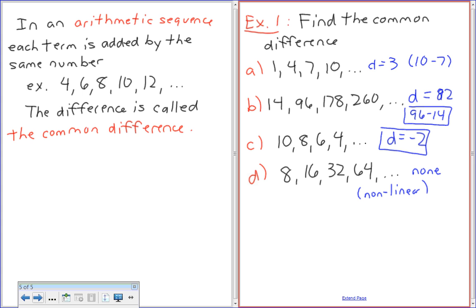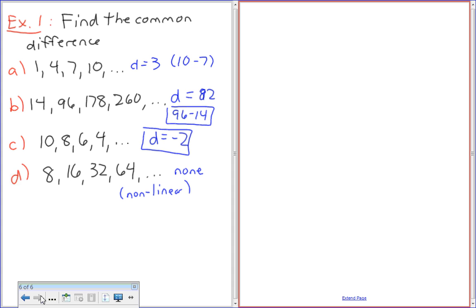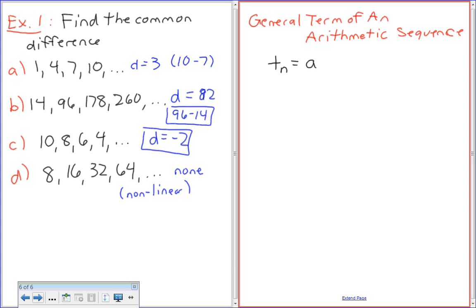Here's our equation: the general term of an arithmetic sequence is going to be Tn equals a plus n minus 1 times d.